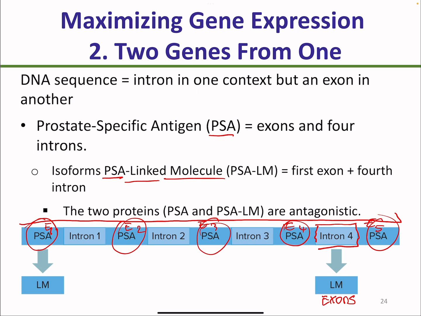In other words, while PSA is going to be abundant in someone who is at risk of developing prostate cancer or has prostate cancer, the LM is going to be present in small amount.